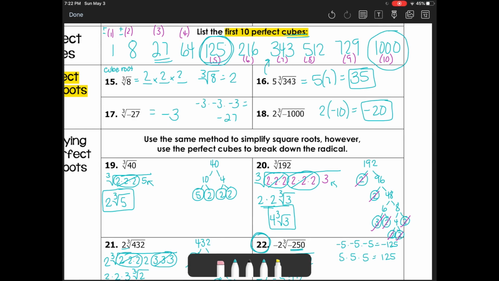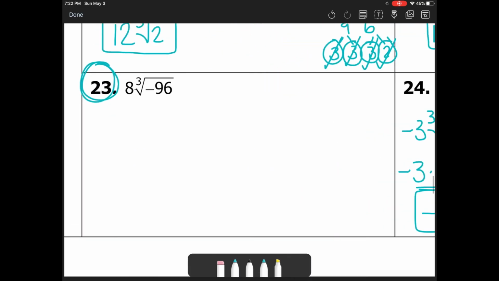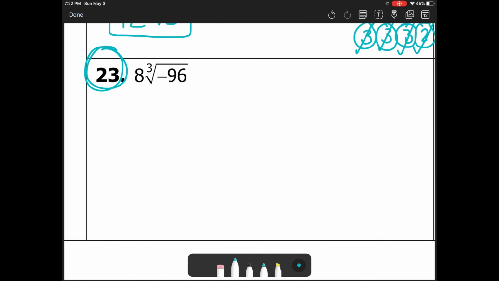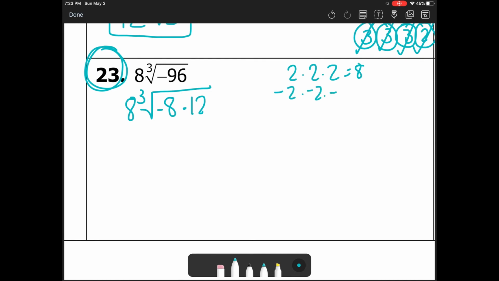All right. I know that 8 times 12 is 96. And 8 is a perfect cube. So I'm going to rewrite this as 8 times 12, but I'm going to attach the negative to the -8 because it has to come out to -96. Now, since 8 is a perfect cube, 2 times 2 times 2 equals 8, but -2 times -2 times -2 equals -8, and that's what we've got.